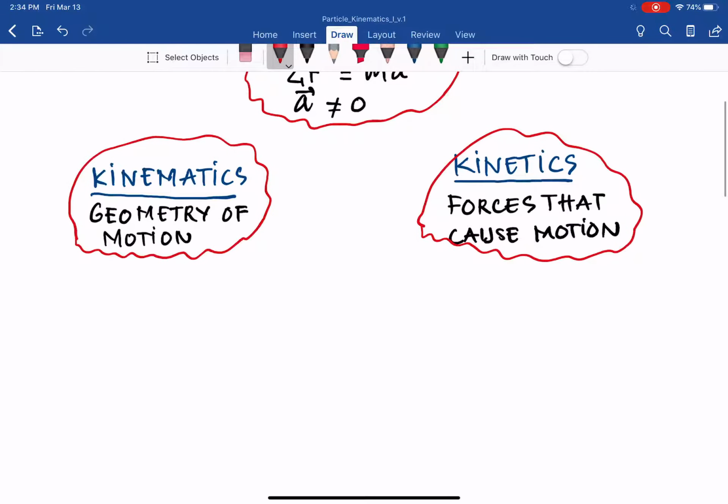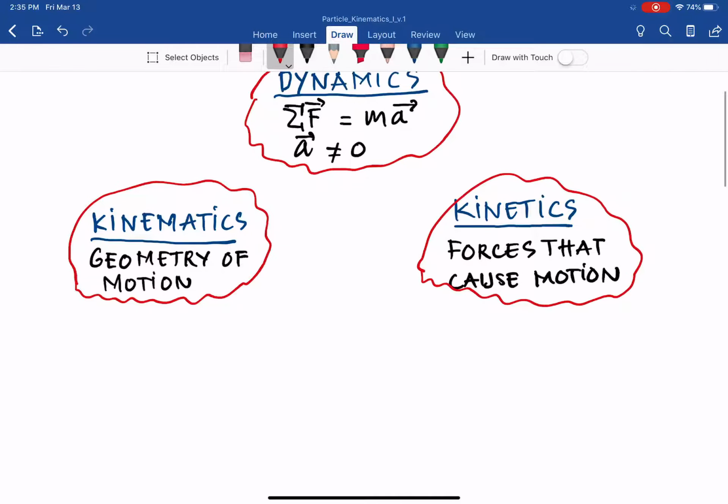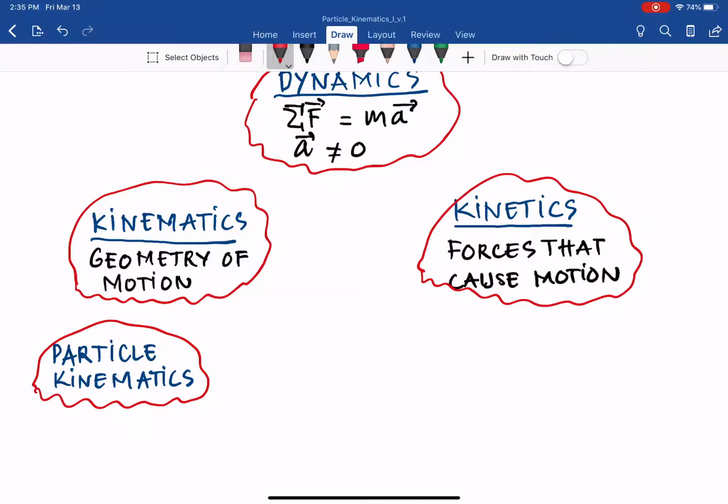And in kinematics, we have two major topics to cover. The first one is particle kinematics, and of course, the other will be rigid body kinematics.